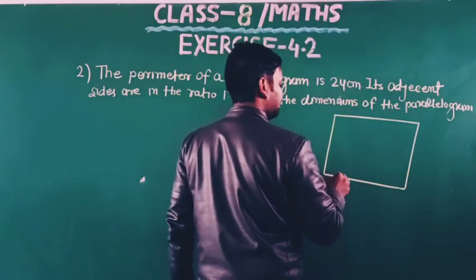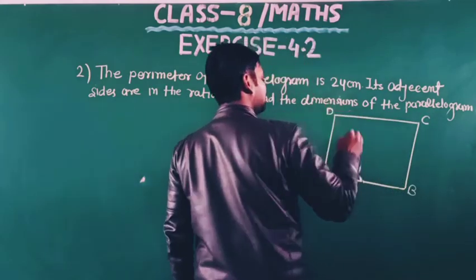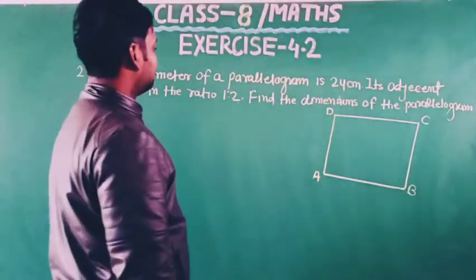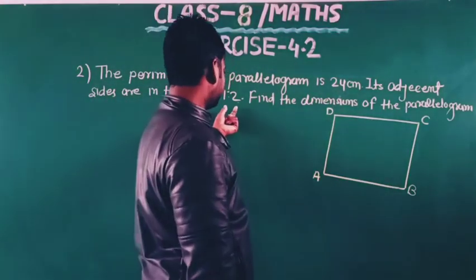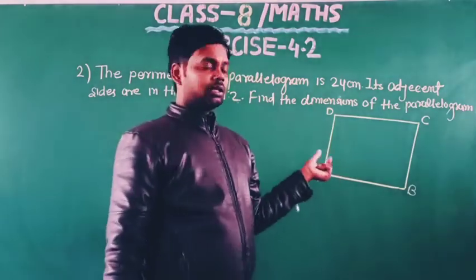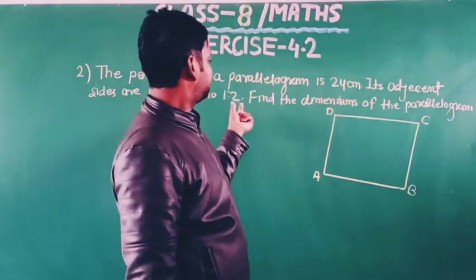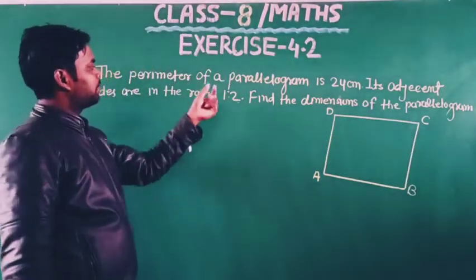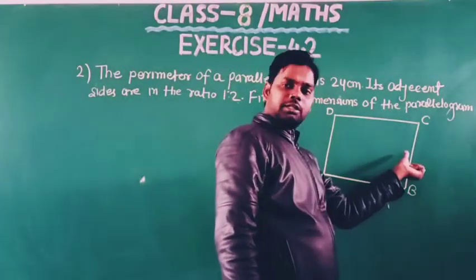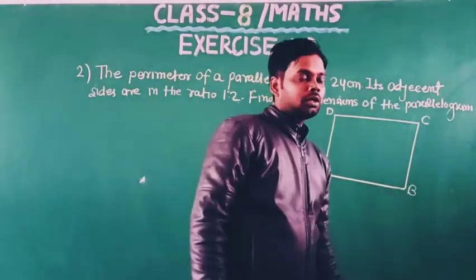So this is a parallelogram ABCD. The ratio of adjacent sides is given as 1:2. So as we know, this is a length and this is a breadth.